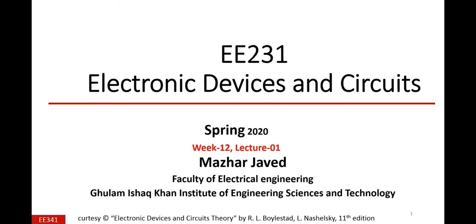The first portion is related to the BJT transistors. Before the mid, we covered the diode portion and their applications, starting with some semiconductor materials, and then we developed a simple device, which is a diode.